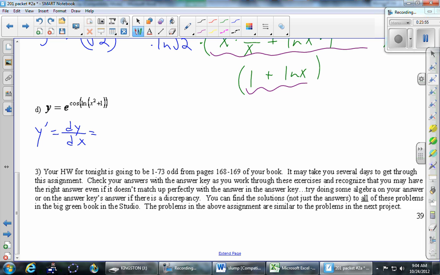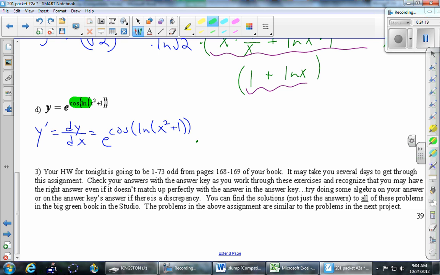Okay, first and foremost, this is e to the stuff. So the derivative of e to the stuff is e to the stuff, times, and then we're going to do the derivative of the stuff. So I'll highlight here in green again.